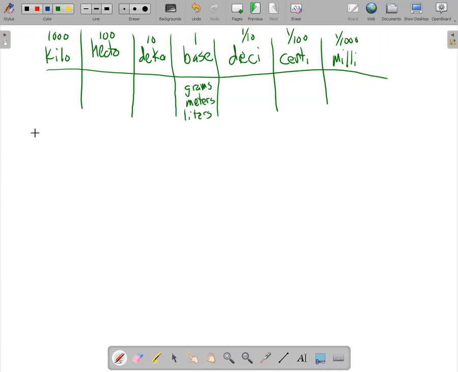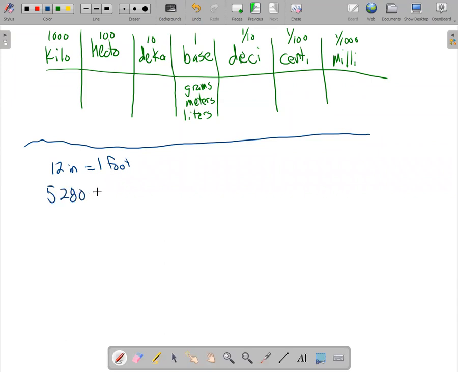Now, that's not the case for our standard system, because we have some crazy things, like there are 12 inches in 1 foot, and there are 5,280 feet in a mile. There are some crazy numbers. Other crazy ones like liquid measurement.